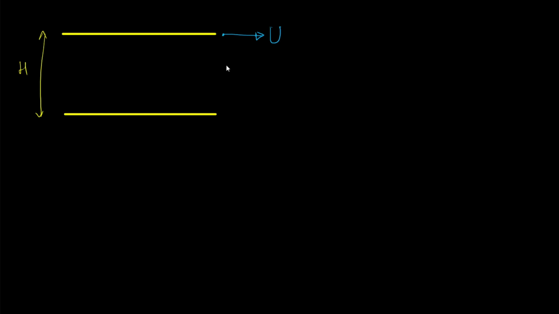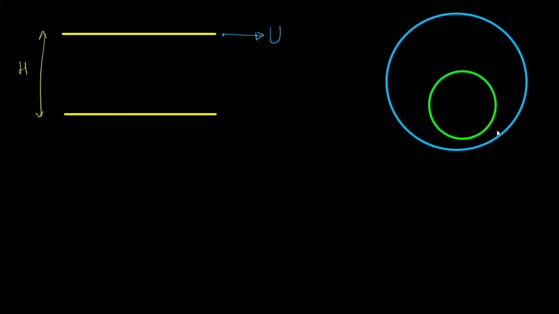This is essentially shearing, and this is more common than you think. So if you consider two big journal bearings, there is a fixed cylinder like this, and there's another cylinder like this.